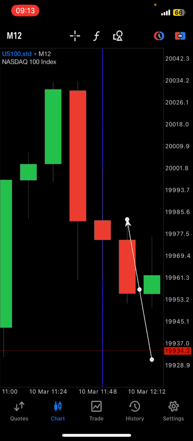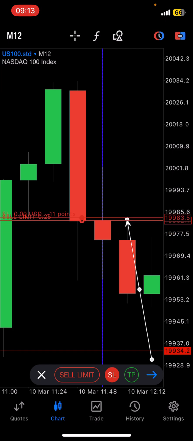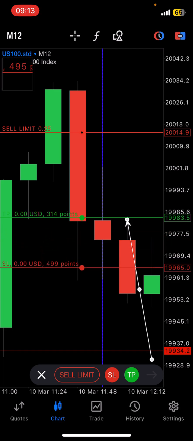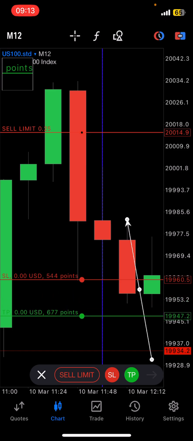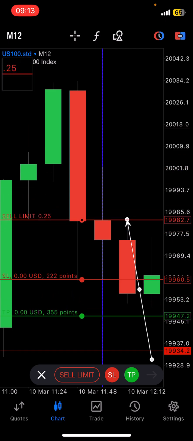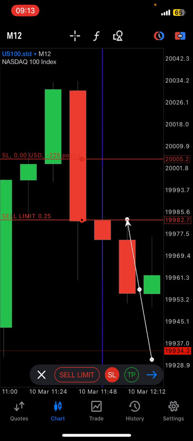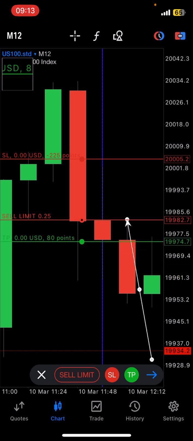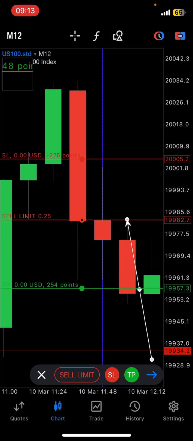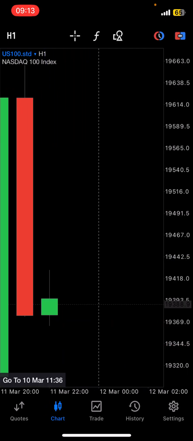You can take it and hold for the close, but what's the need? You sell there, and then put your stop loss around there, and then the TP would have closed around maybe there, 80 points, but it would have allowed you to get those points. Right, now let's go to the next candlestick.